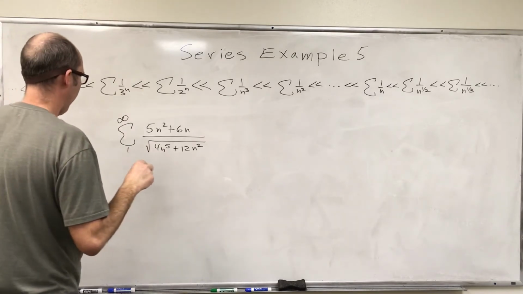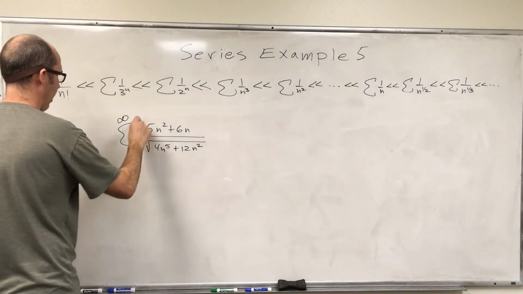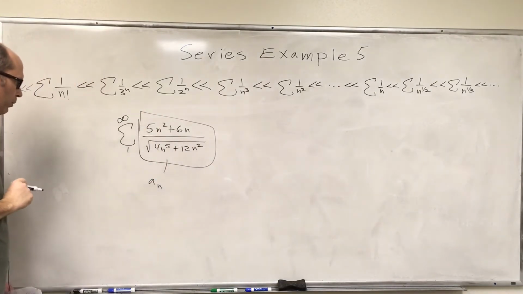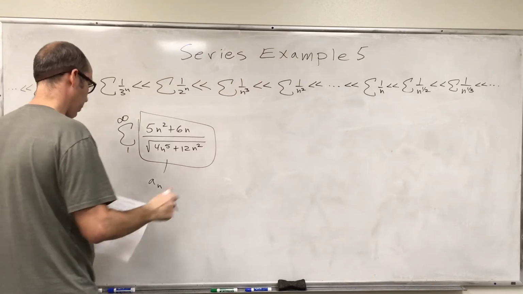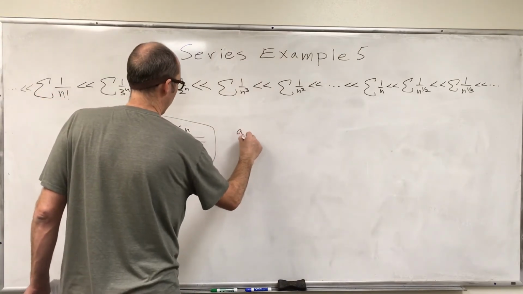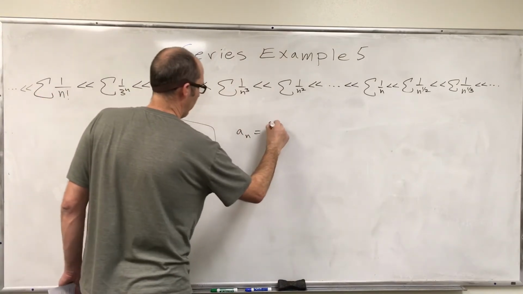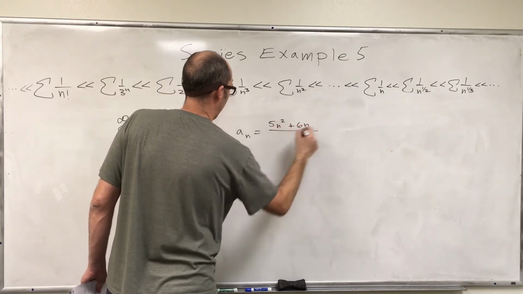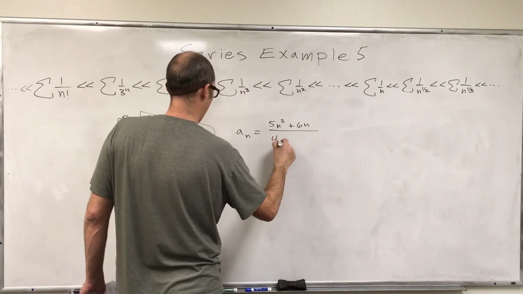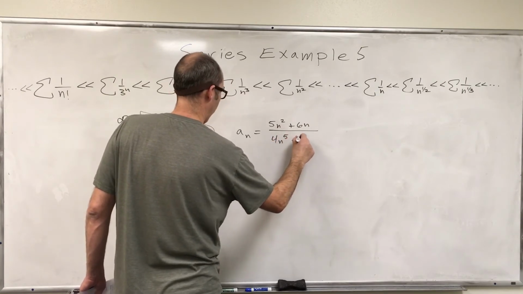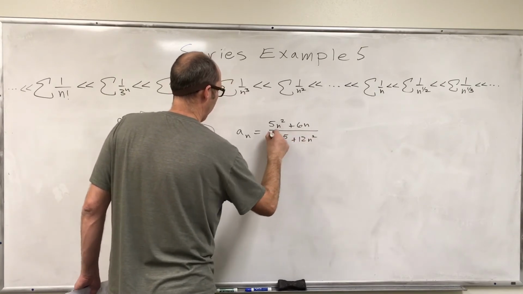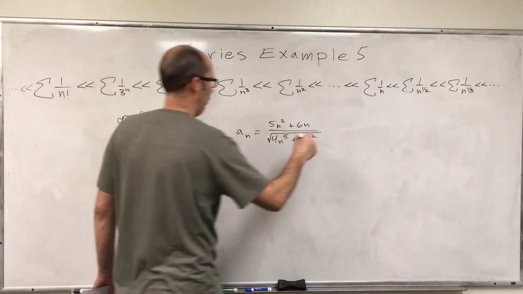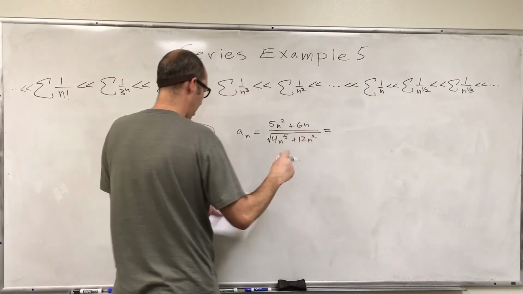All right. Okay, so remember that this is a_n. Okay, just write an A in there. Now let's pick out the dominant terms.